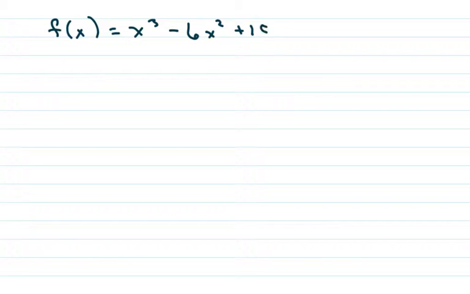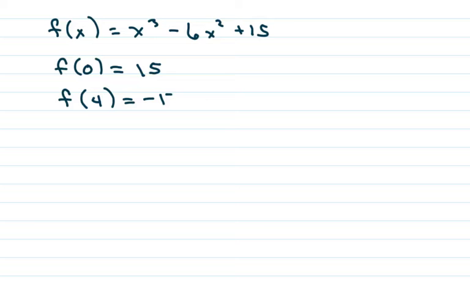And my original function was f of x equals x cubed minus 6x squared plus 15. So I'm plugging in f of 0. Clearly that equals 15. And I'm plugging in f of 4. And when you plug in f of 4, you're going to get negative 17.